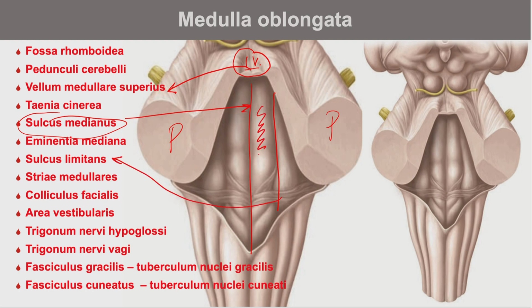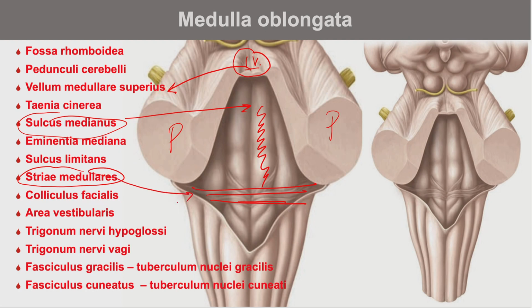Between them, there is eminentia mediana, which is hosting the motor nuclei of cranial nerves, which are typically somatomotor, branchiomotor, and partially also visceromotor. So those motor things. Interesting is this lining, which is perpendicular to the sulci, called striae medullares.